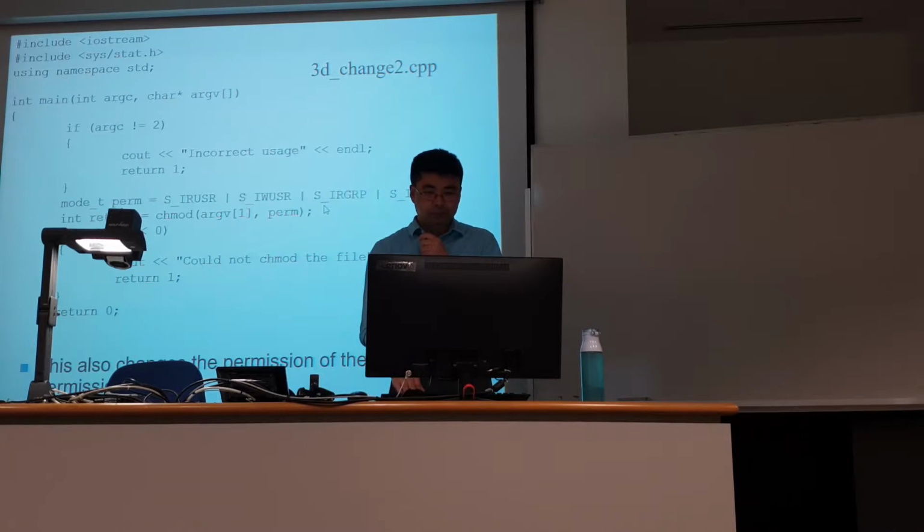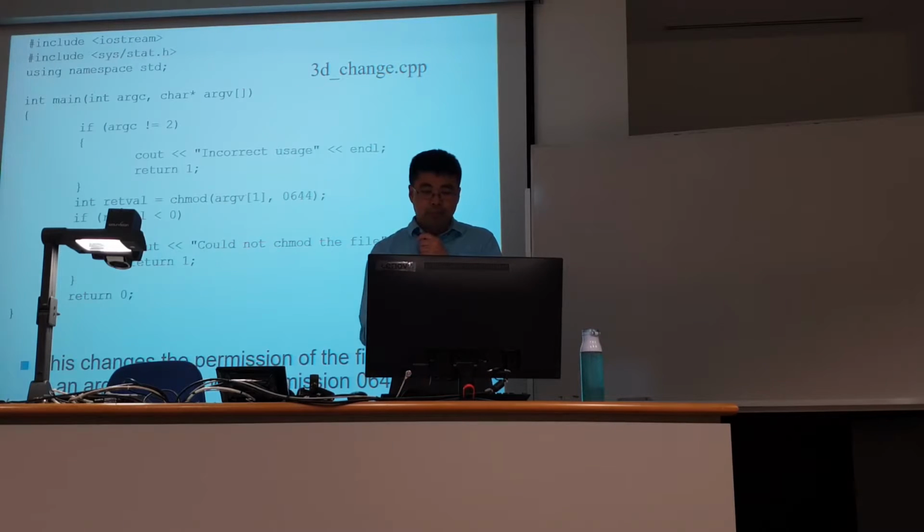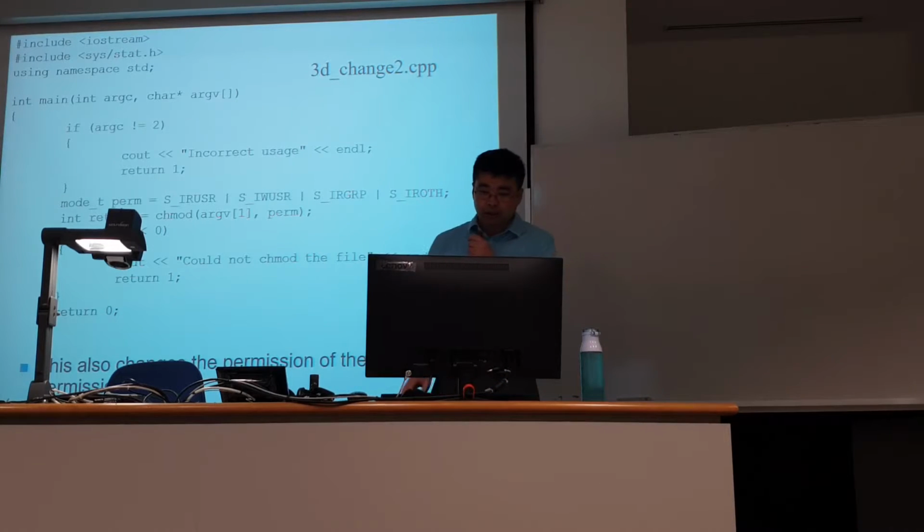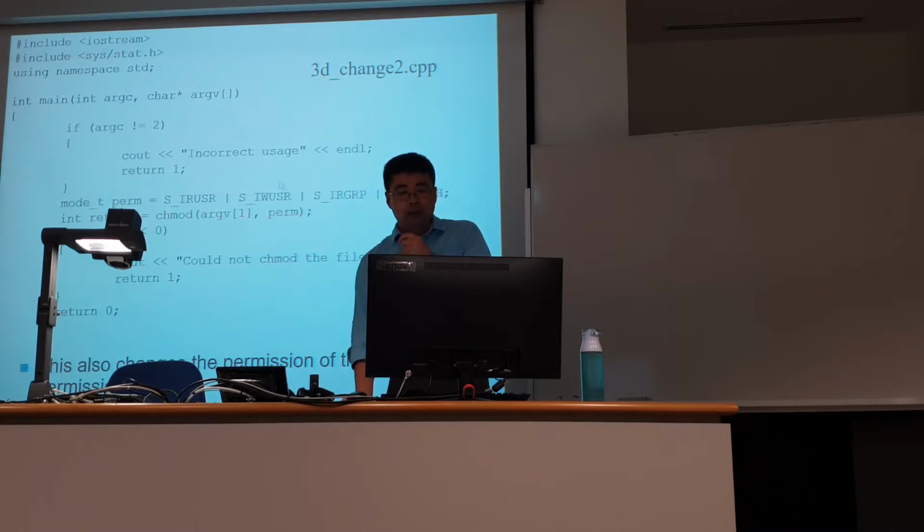Instead of using the numbers, if you can memorize the numbers, then you can use the numbers. Otherwise, you can also use these macros. These are the constants. If you want to assign permission, you can do an OR operation. Here, you assign the read permission to the owner, write permission to the owner, read permission to the group, read permission to others.